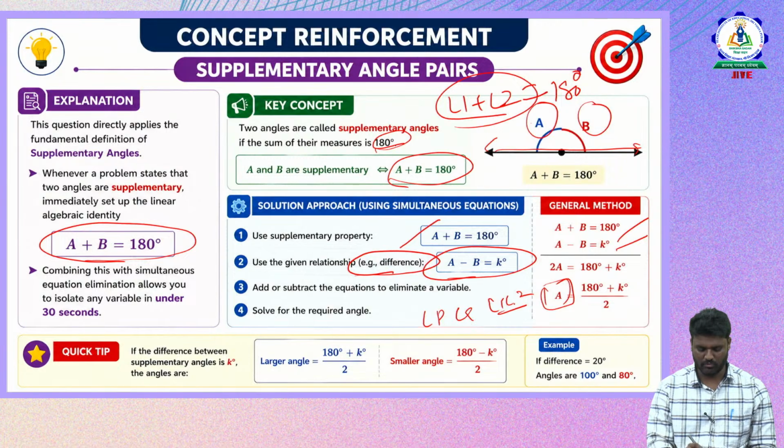To identify the larger angle, we apply (180 degrees plus K degrees) by 2, and for the smaller angle, (180 degrees minus K degrees) by 2. For the larger angle we do the addition, and for the smaller angle we subtract.